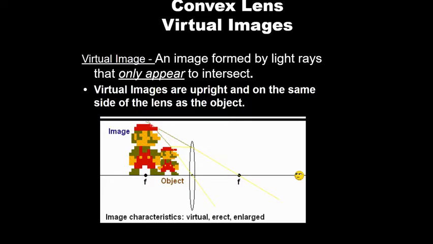So where those two light rays appear to come from or appear to diverge from is where our virtual image will be formed. So this virtual image is erect or upright, and it is larger than the object. So we would describe that image as virtual, upright, and enlarged.